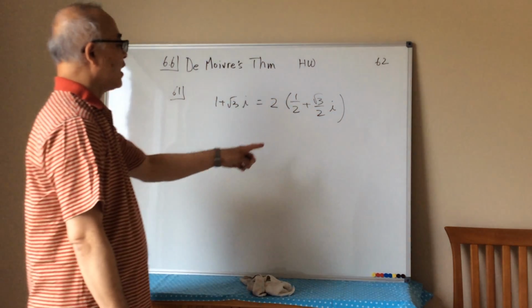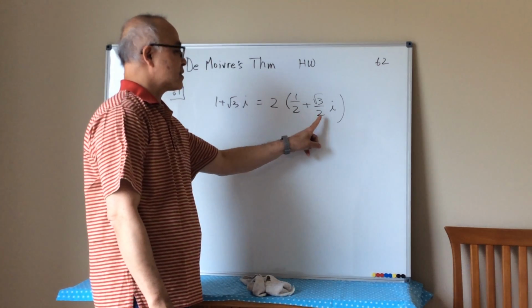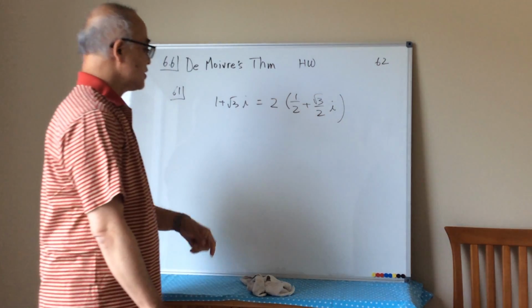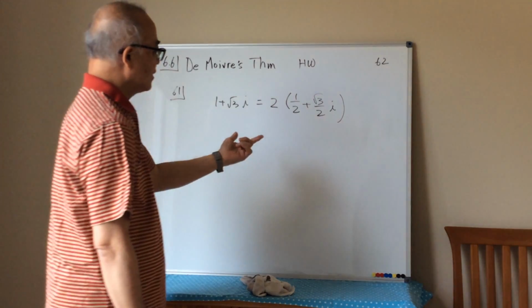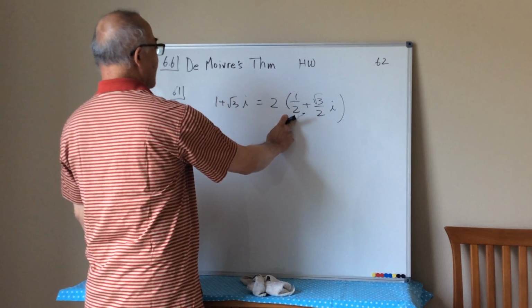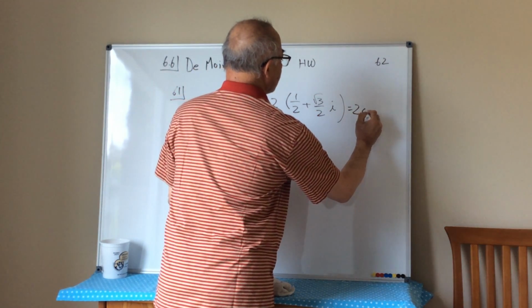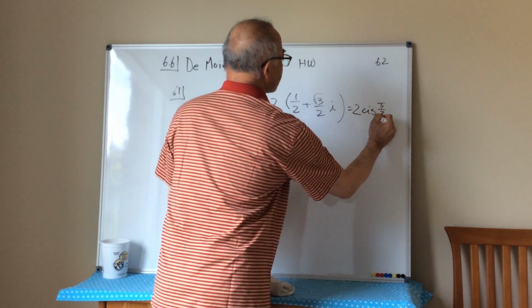Okay, so now I have to find the angle, where the cosine value is this, and the sine value is this. So this is obviously in the first quadrant, because they're both positive. So cosine is 1 half, and sine is that, so it's going to be pi over 3, right? 2 cis pi over 3.